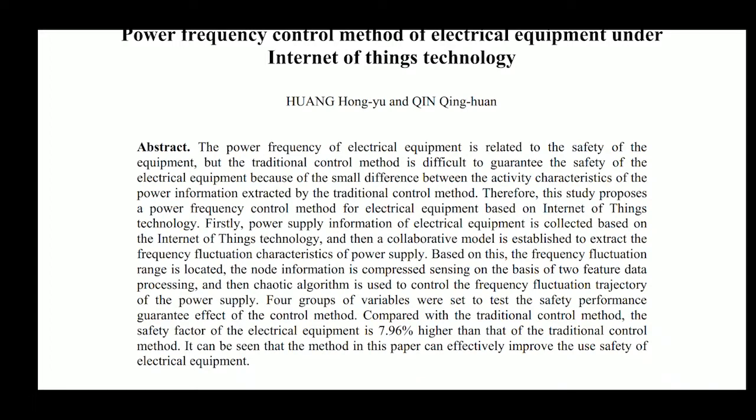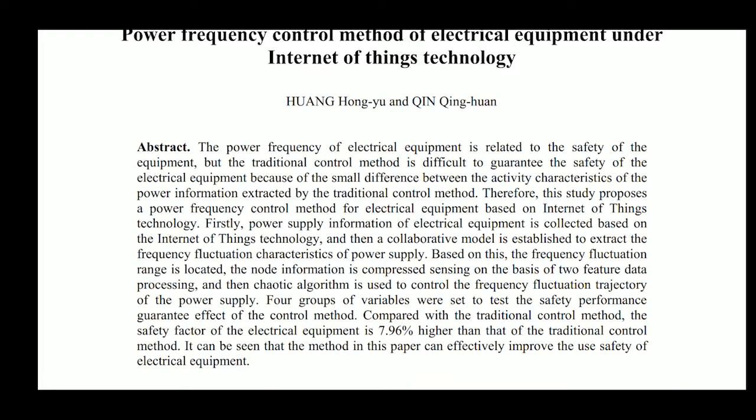The node information is compressed on the basis of two feature data processing, and then the algorithm is used to control the frequency fluctuation trajectories of the power supply. Four groups of variables were set to test the safety performance guaranteeing effect of the control method.